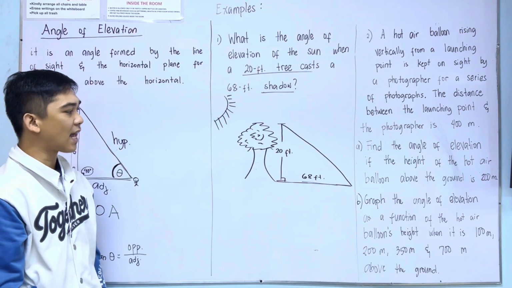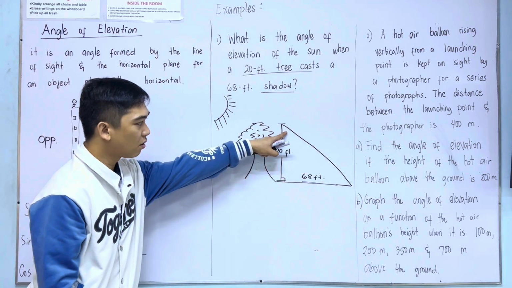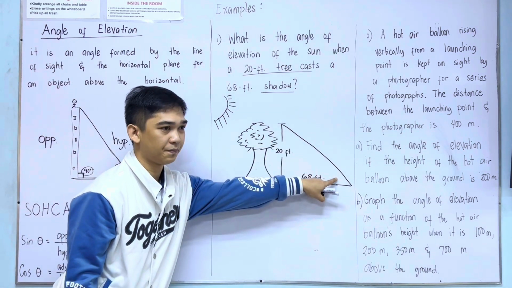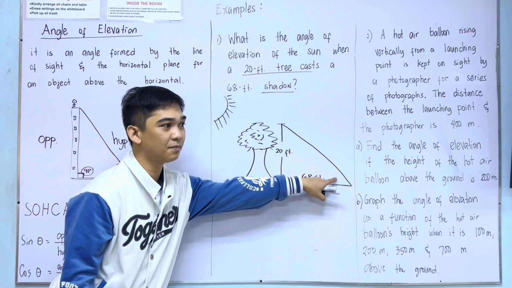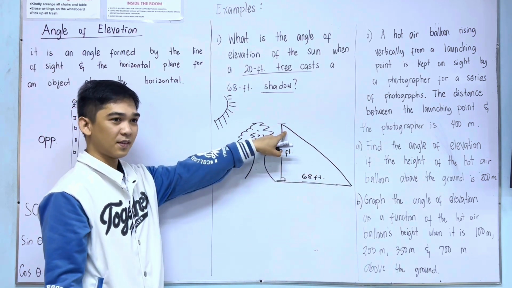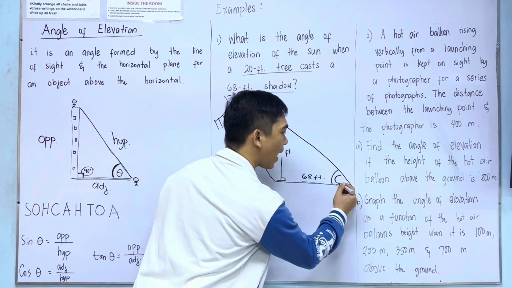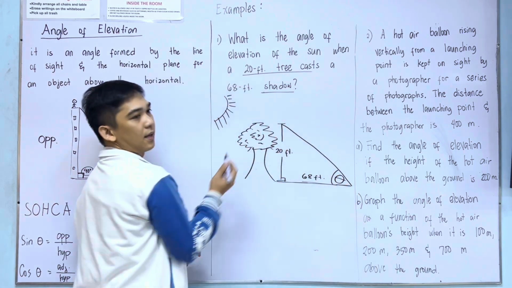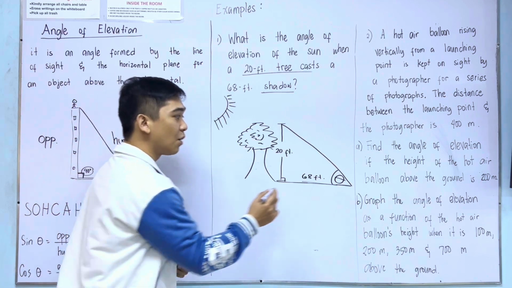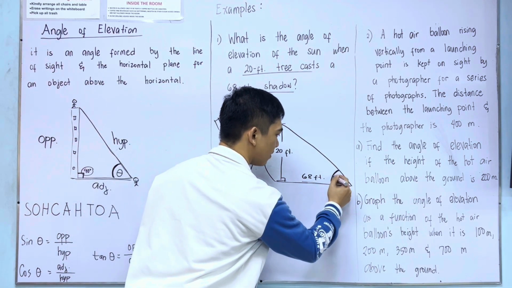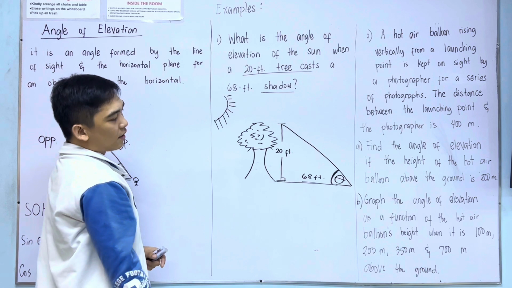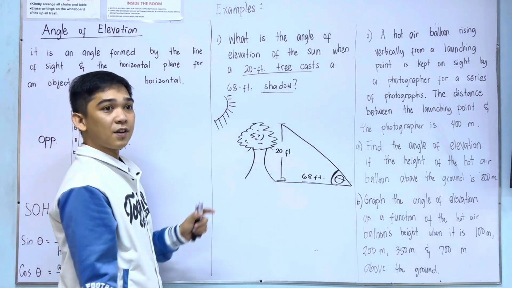Nasaan yung angle na hinahanap? Ito? Or ito? Sa baba. Since we are dealing with elevation, paakyat yung ating angle. Anong angle daw ito? Angle of elevation. So, ito na yung given natin.